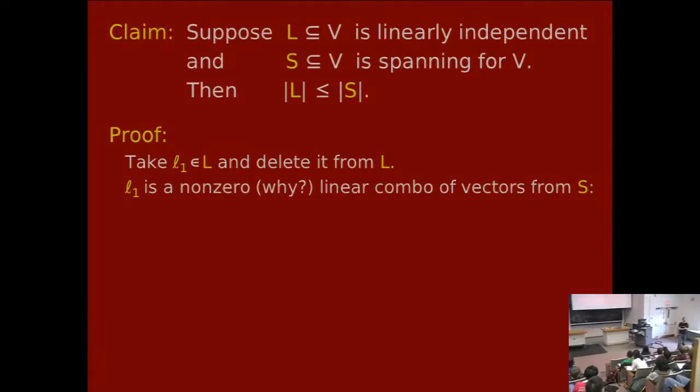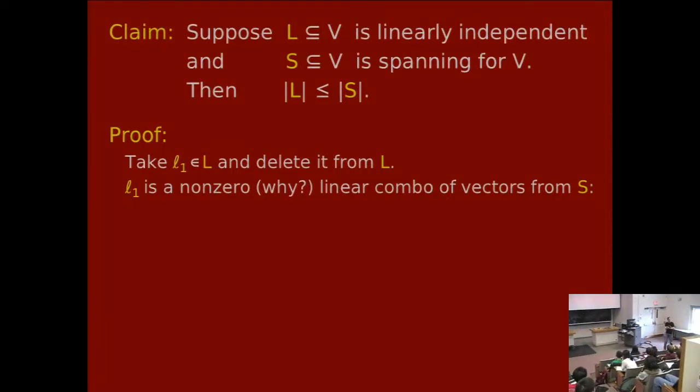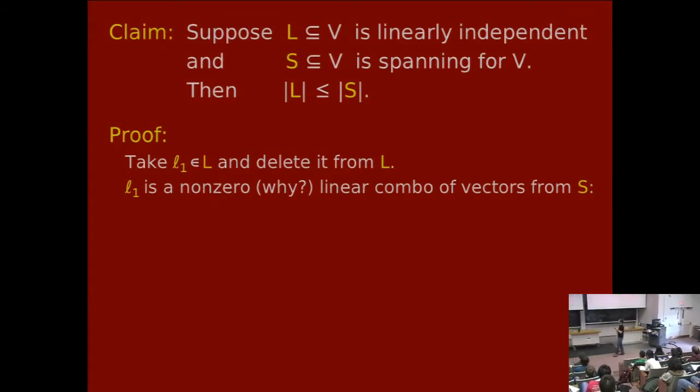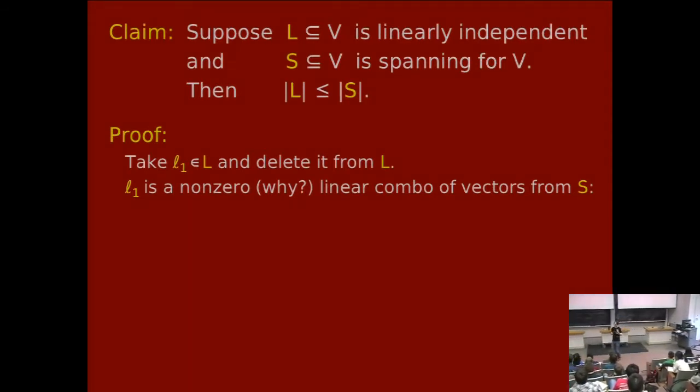Yeah. That's right. S is a spanning set, so everything is a linear combination of stuff in S. And it's also non-zero because you can't have any zero vectors in a linearly independent set. It's a minor point.